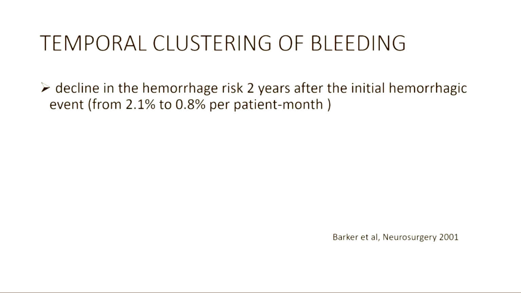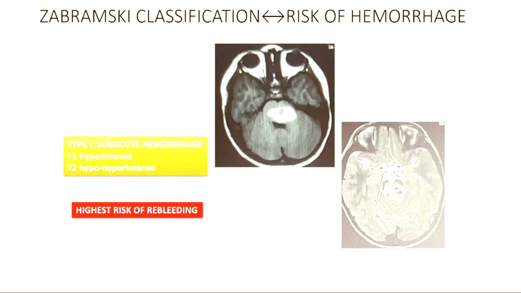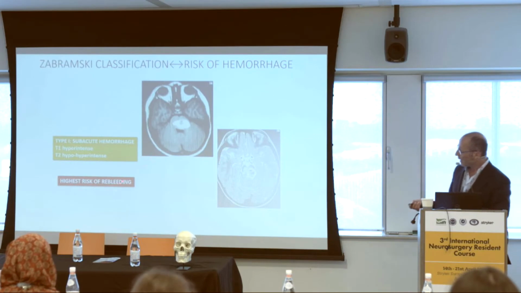The highest risk of rebleeding is for the subacute hemorrhage that looks hyperintense in T1 and hypointense in T2, while the other hemorrhages, whether subacute, chronic, or even multiple punctate microhemorrhages, have a much lower risk of hemorrhage.